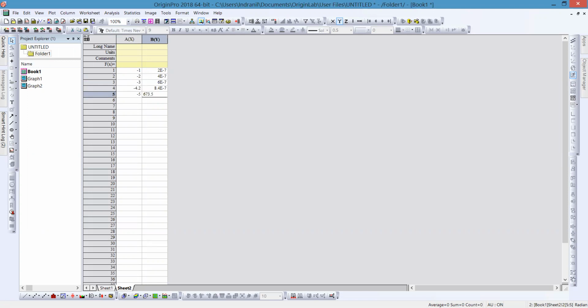Then minus 6. Okay, good. Then any other value? Yes, sir, it is for 6.25. It is 12.6 milliamps. Okay. Any other data? No further value, sir.